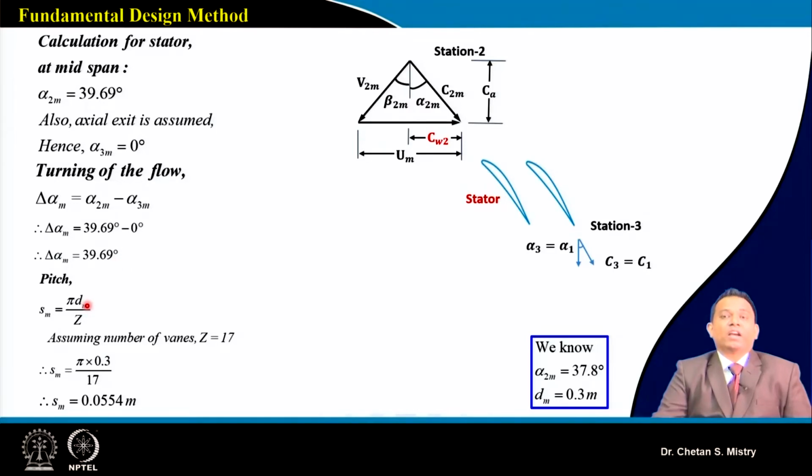Now our next target is to calculate our diffusion factor, and we calculate it based on my pitch and chord. We are basically calculating our solidity. Here my pitch is calculated at the mid station, so we will take the diameter at the mid station carefully, and the number of blades here we have taken as 17. That gives me my pitch to be 0.055 meter.